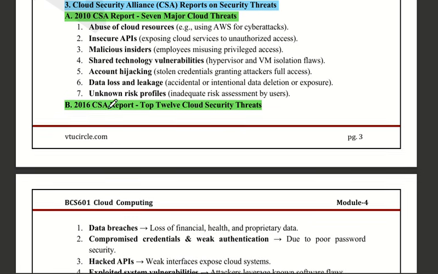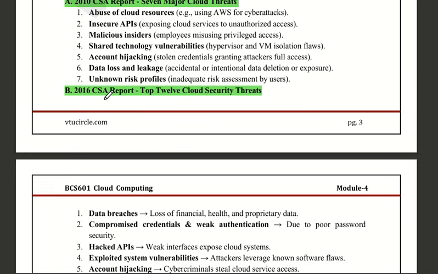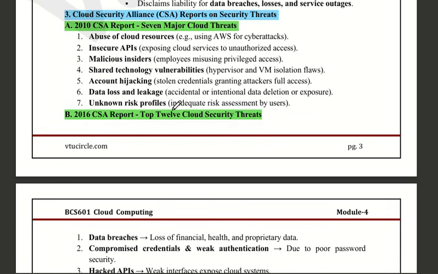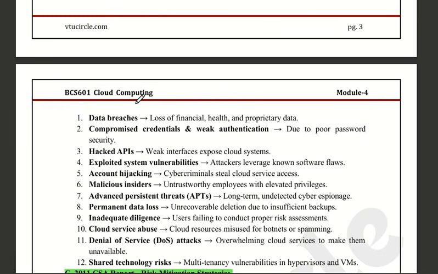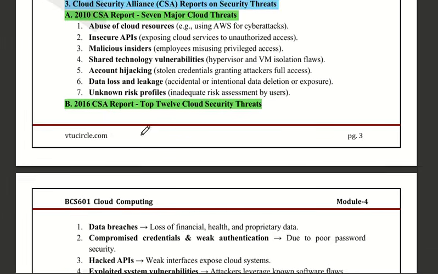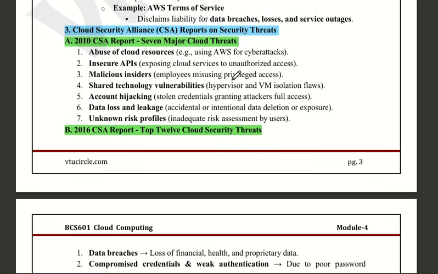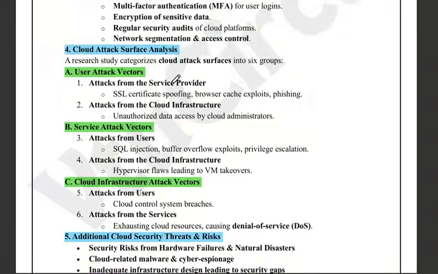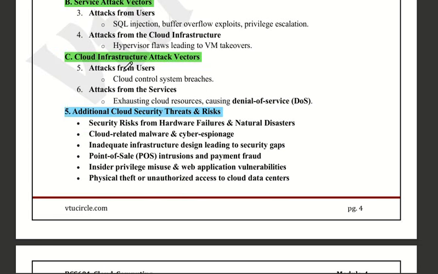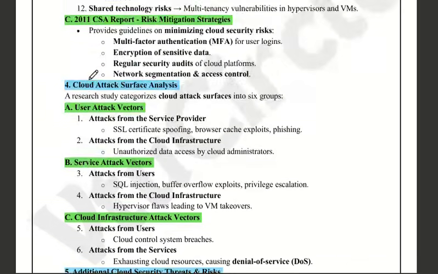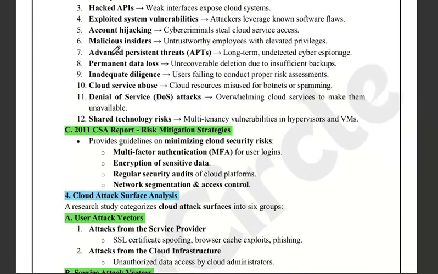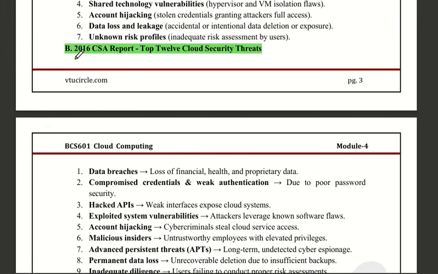Further, in the year 2016, it increased to 12. The top 12 cloud security threats are listed here. You just remember these threats, because there's a chance of this question being asked. But I'm focusing on whatever questions they have asked, those topics. Again, this is all about 2016.